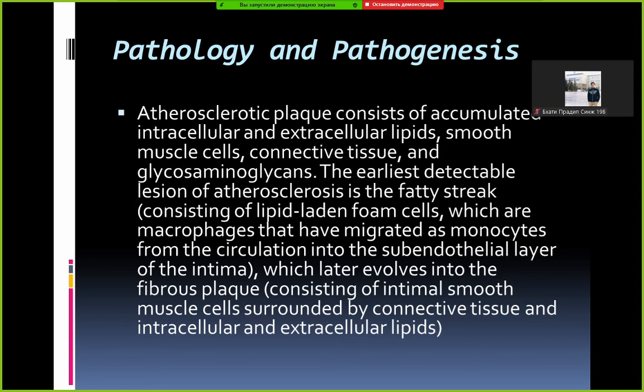The earliest detectable lesion of atherosclerosis is the fatty streak consisting of lipid-laden foam cells, which are macrophages that have migrated as monocytes from the circulation into the subendothelial layer of the intima, which later evolves into the fibrous plaque consisting of intimal smooth muscle cells surrounded by connective tissue and intracellular and extracellular lipids.